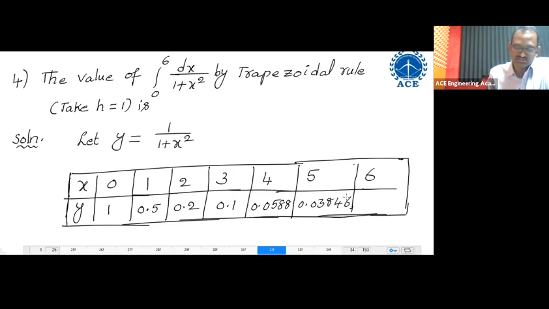Tell me for 6 also: 0.02702. Good. Now the initial point let it be y0, and the ending point let it be yn.